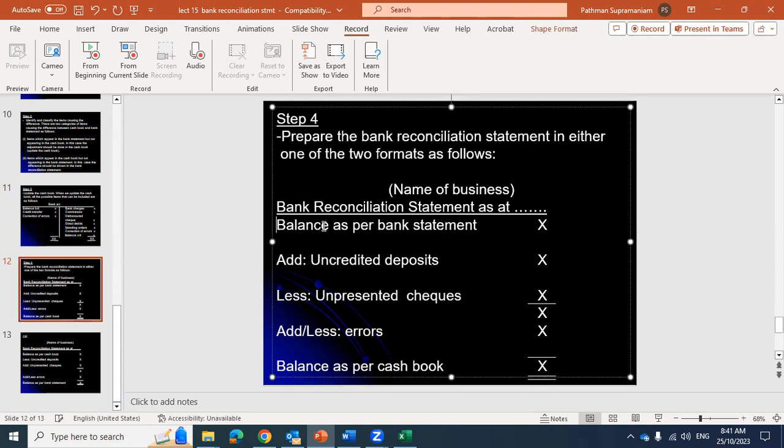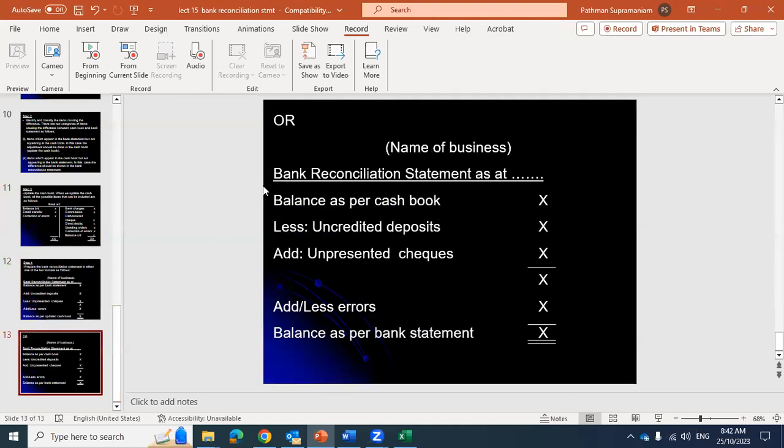We can start with the balance as per bank statement and then add uncredited deposits, less unpresented checks, and then add or less the error depending on the type of error, and we would get the balance as per updated cash book. This balance as per updated cash book is the final correct cash book balance, which should be reported in the statement of financial position.